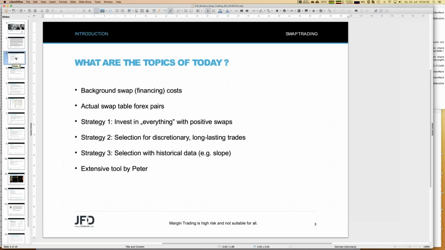Let me get you a little bit more interested in the topic of today. And of course, we have to talk about the background of swap costs, and especially why those can be positive as well, which is really good for us. And having something which is positive inherently, hey, doesn't it sound like an edge?